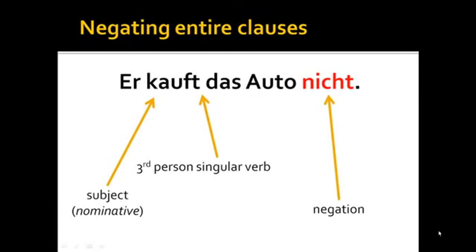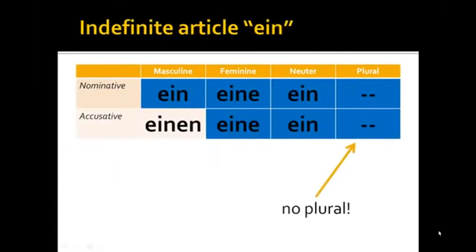negative article kein. But before I look at kein, I want to look at the indefinite article ein. And that's because kein is very similar to ein. In fact, it manifests the same pattern of declination. Now, you'll recall that the indefinite article ein simply means a, or one.